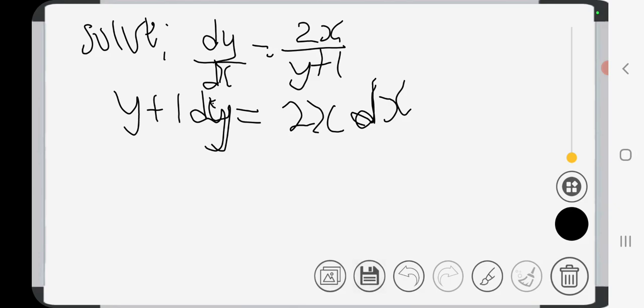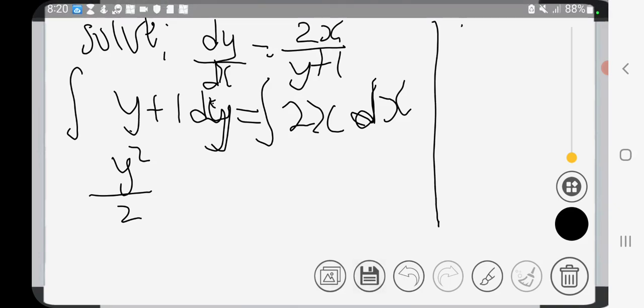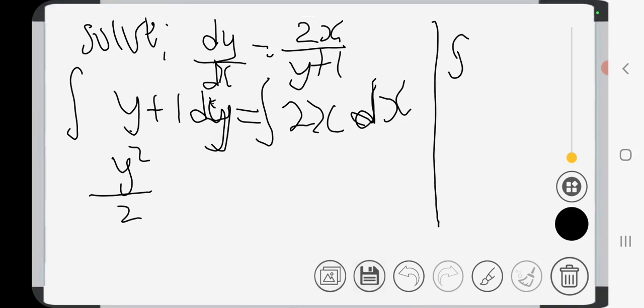I put the integral sign on this side, and I integrate the other side too. This y will be y raised to power 2 divided by 2. You know how to integrate: let's say I have the integral of b with respect to b.